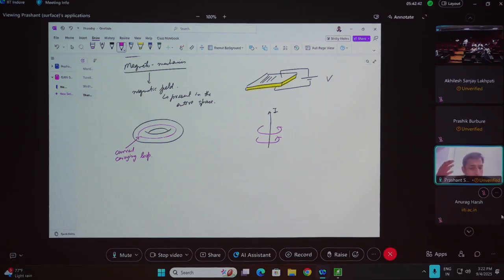This is from basic physics that some of you may remember, some of you may not, but it's good to recall. And then there are some standard formulas using which you can calculate what the magnetic field is going to be.